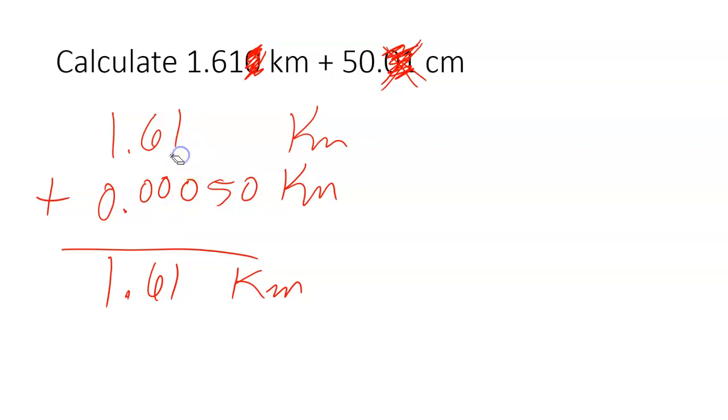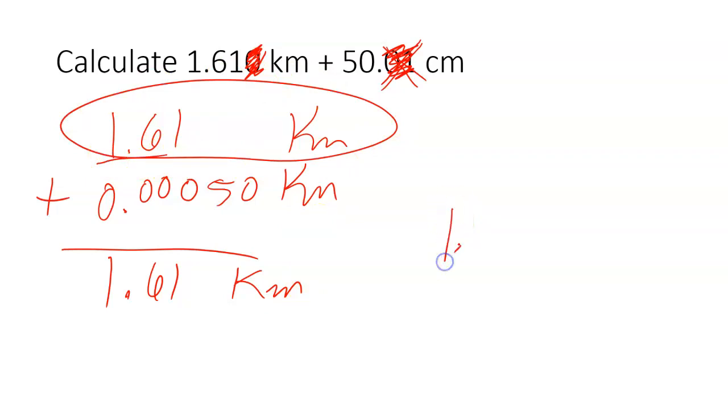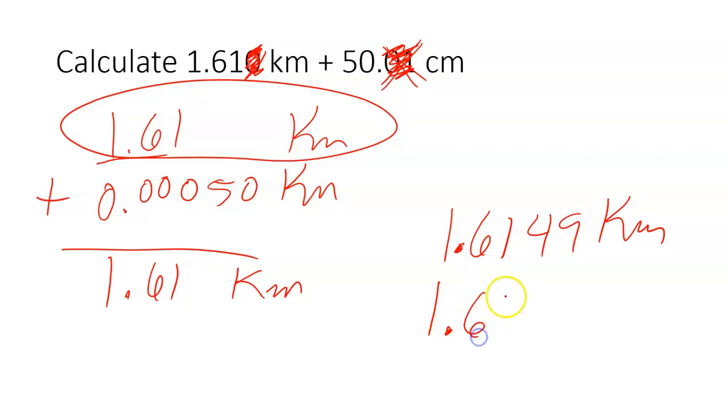If you are measuring in kilometers and this is the way you are measuring, really, this measurement that we're doing here can be either 1.6149 kilometers, or it can be as well 1.6051.